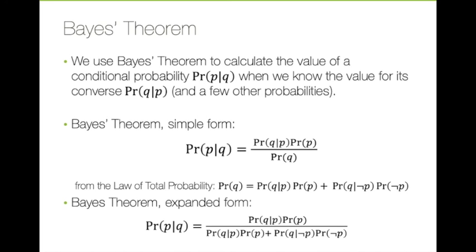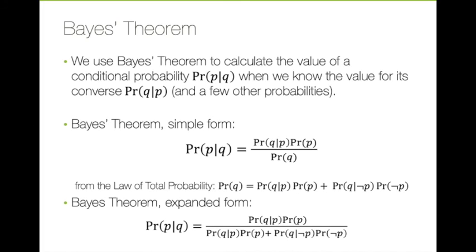And finally, we'll look at Bayes' theorem. The definition of conditional probability was one way we've looked at for how to calculate the value of a conditional probability. But we can also calculate the value of a conditional probability by using Bayes' theorem. What's special about Bayes' theorem is that it allows us to calculate one conditional probability by relying on its converse.